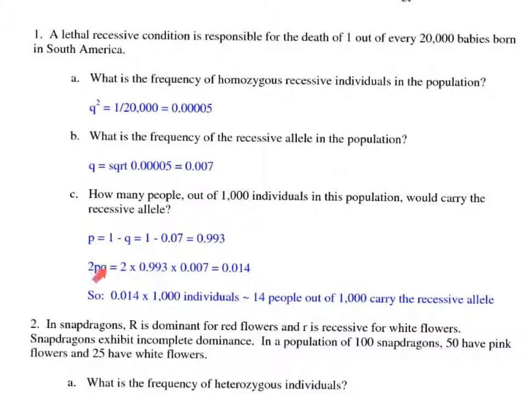Then we can apply that information to 2pq, which is going to be our carrier state. So we multiply 2 times p times q, and we would get 0.014. So if we multiply 0.014 times 1,000, 14 people out of 1,000 carry the recessive trait.